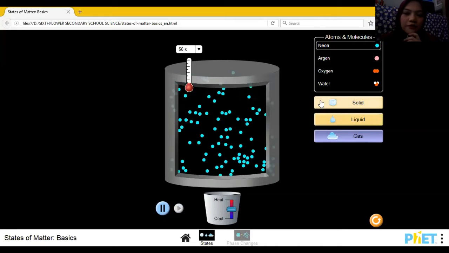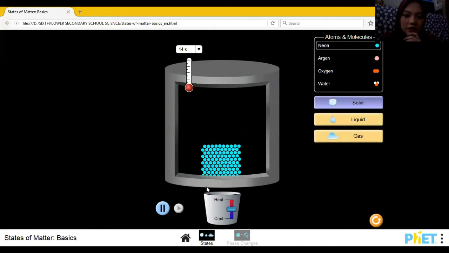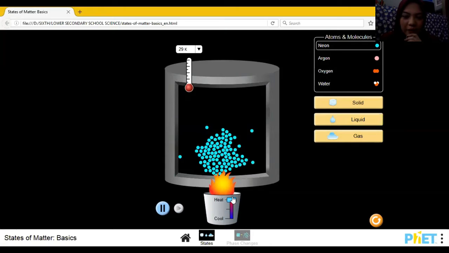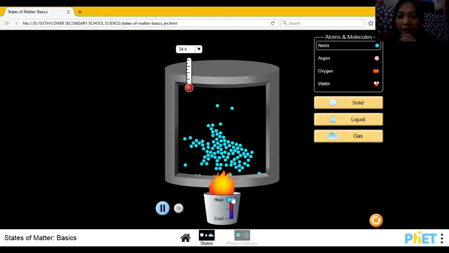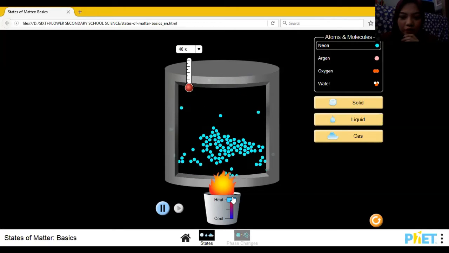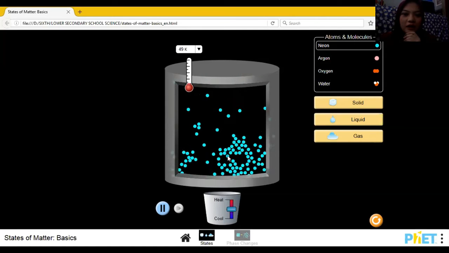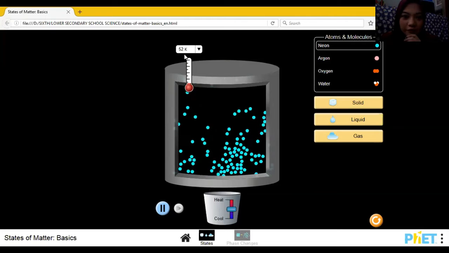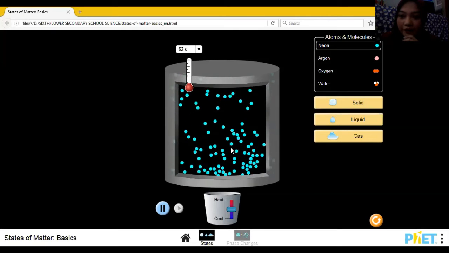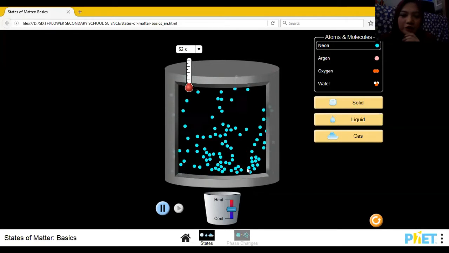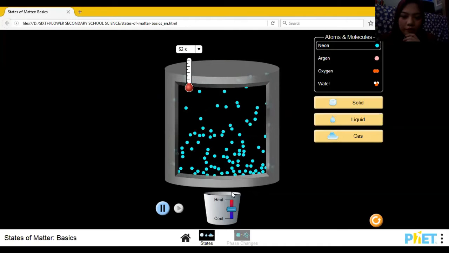Let's see from the first state, which is solid state. Let's try to heat it. For example, we heat the solid, what will happen? The particles move, right? It reaches 52 Kelvin, and the particles move really fast.